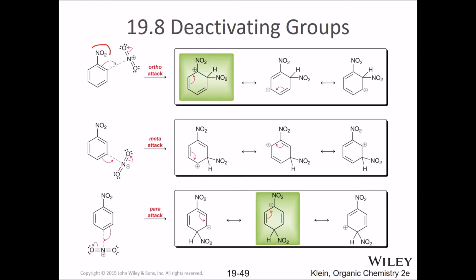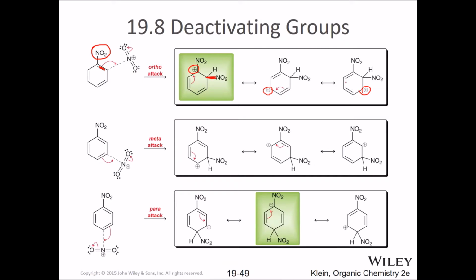Suppose we've got a nitro group here, and we're going to consider all three positions. First of all, we get a new bond formed at the ortho position, via those electrons right there. That leaves a plus charge here, and a plus charge here, and a plus charge here.